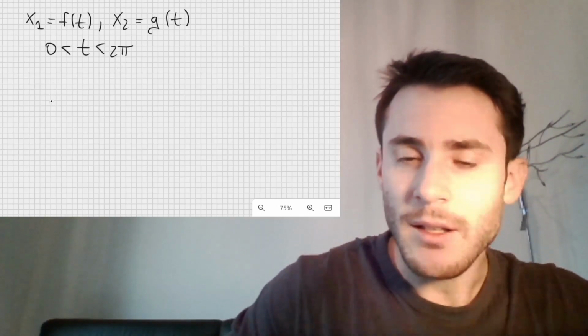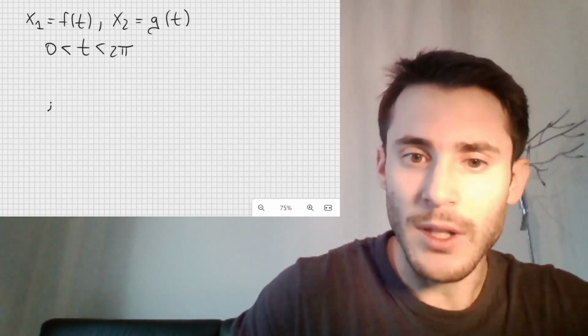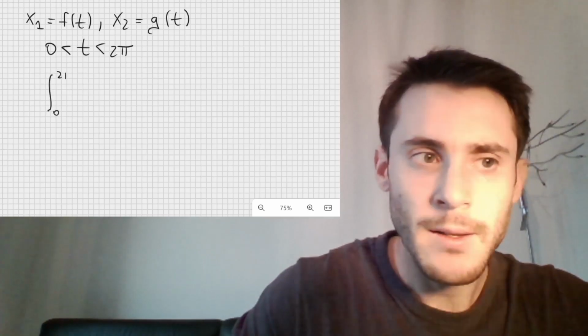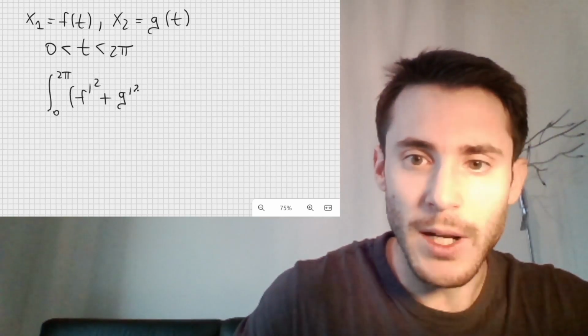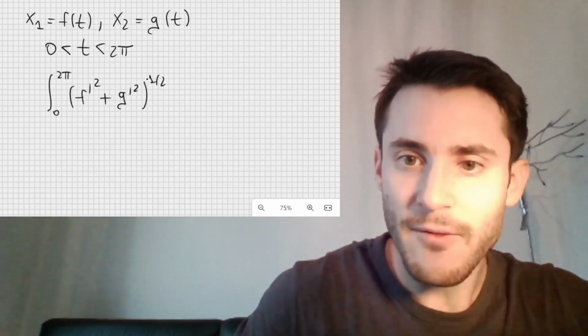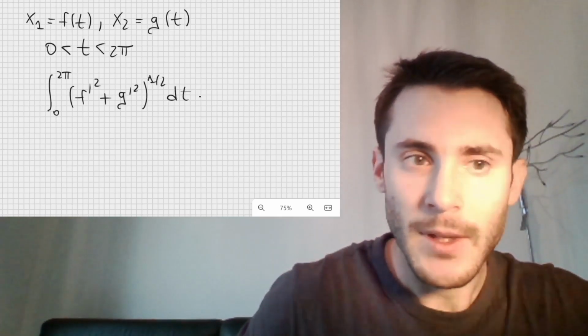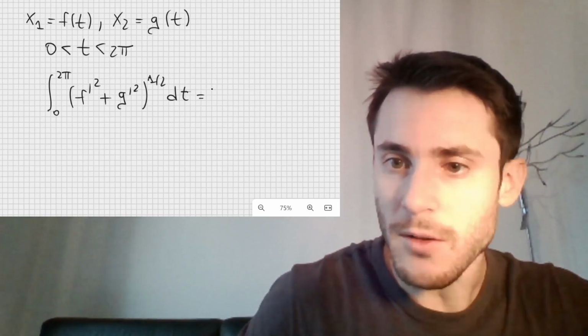We have the following constraint. The integral from 0 to 2 pi of (f prime squared plus g prime squared) to the power of 1/2 dt is equal to the length of the curve.